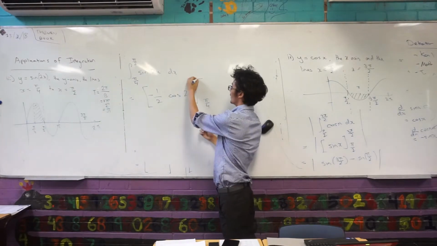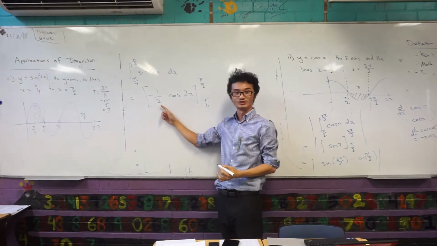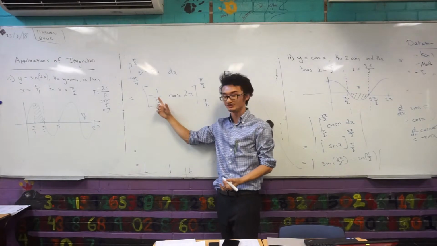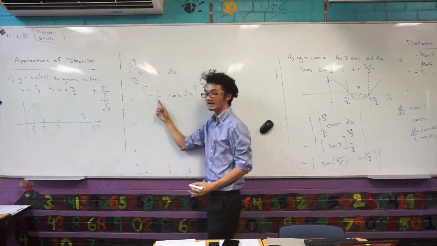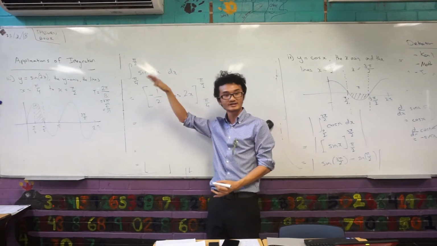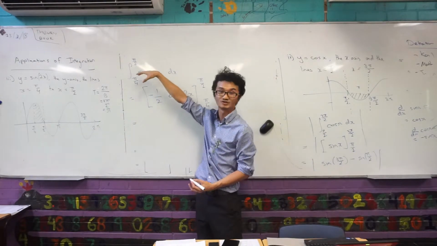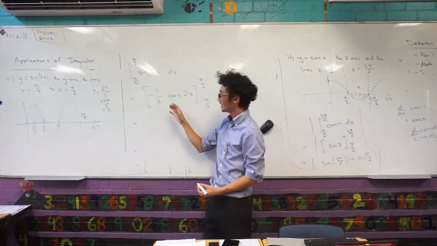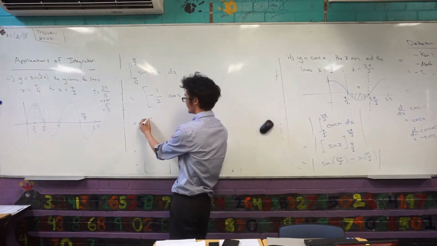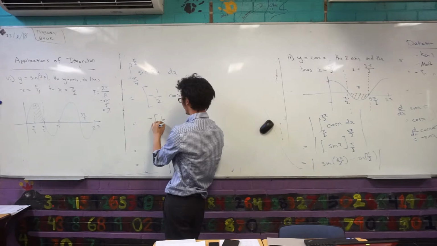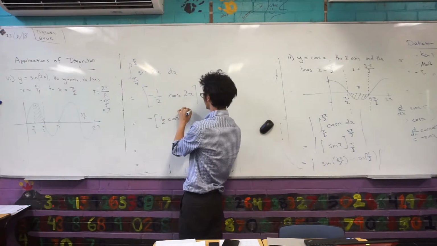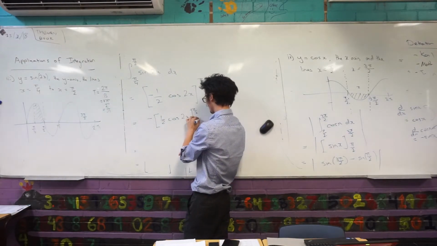Now, a better way to do this, because the negatives can get quite confusing, is to just take the negative out. If you take the negative out, you don't have to deal with it, you don't have to apply it at the end. And because there's no absolute values or anything, it's not going to get messy at all. I'm just going to take that negative 1 out. I just have half cos 2x, from pi on 4 to pi on 2.